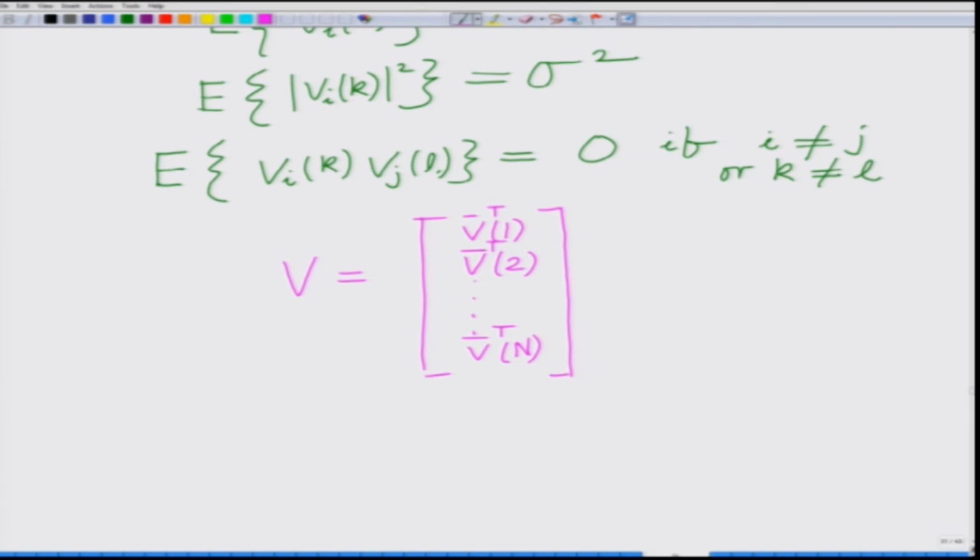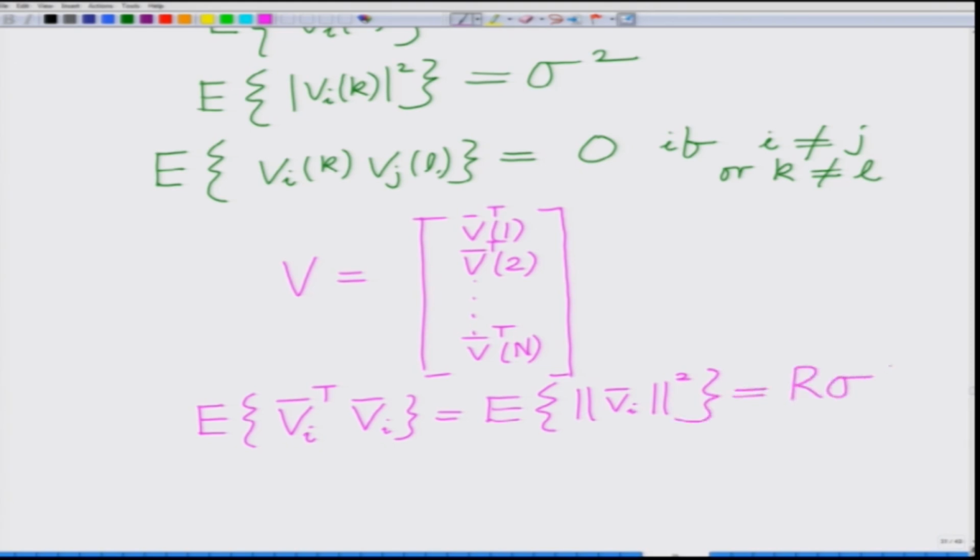So, it has n rows, and I am not going to go through the entire derivation again, because you have considered IID noise elements, you can show that expected value of Vi bar transpose Vi bar, that is expected value of norm Vi bar square, equals R sigma square, where sigma square is the noise variance.